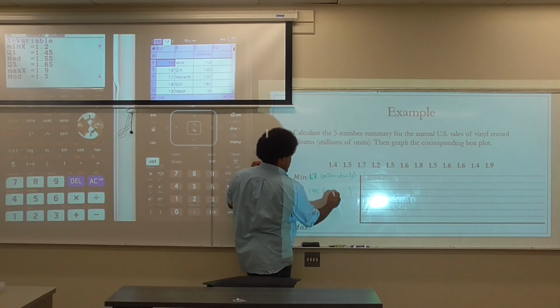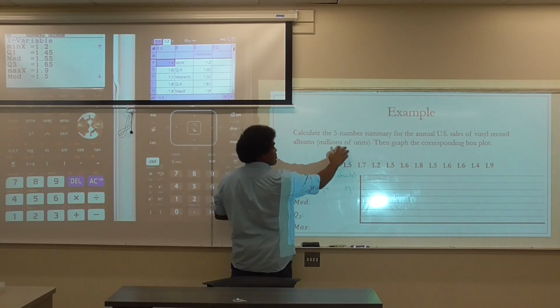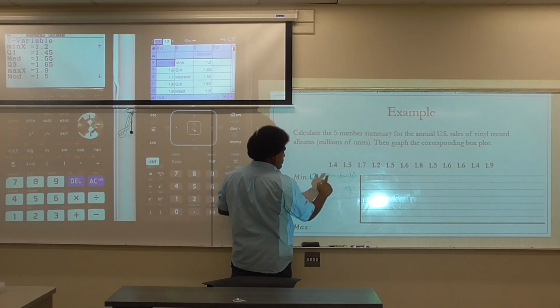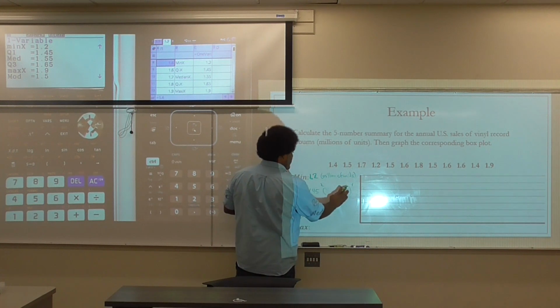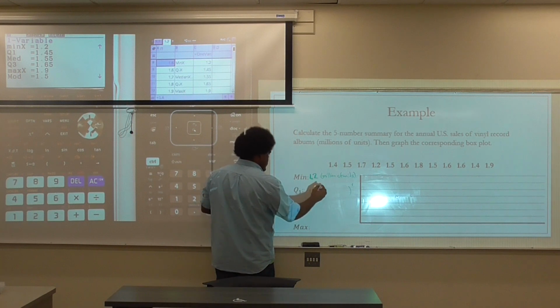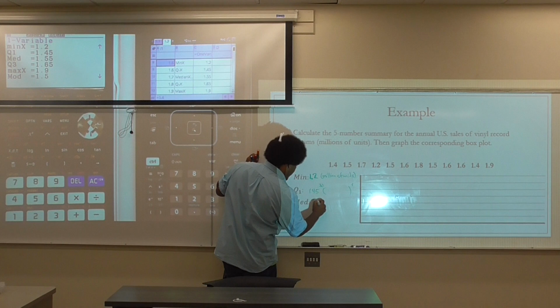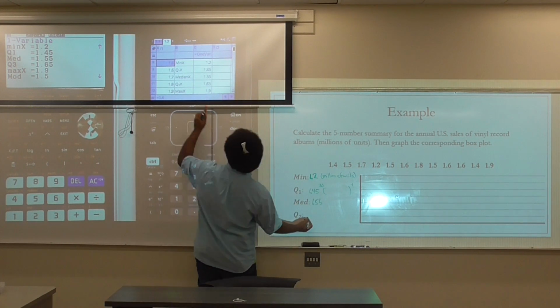Same thing here with the other units. There don't need to be parentheses. I put parentheses because this is parentheses, but usually most units are not in parentheses, they're just pretty much different cells. So median, we said, is supposed to be 1.55. So there we are. Q2.